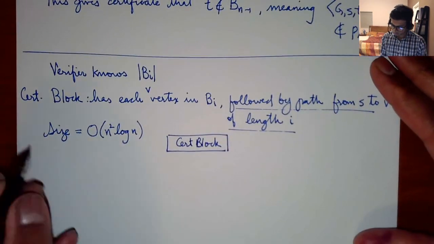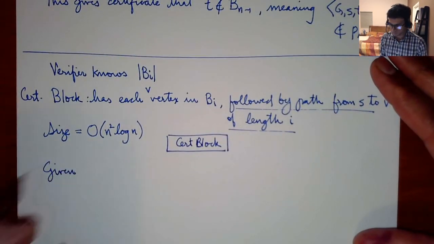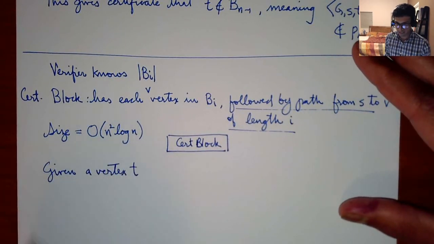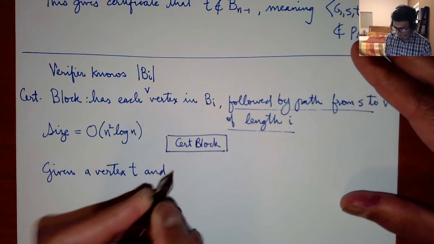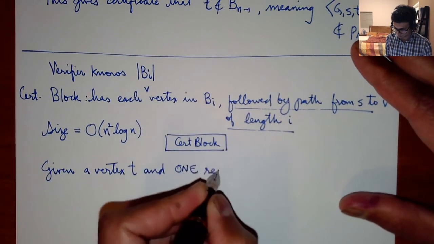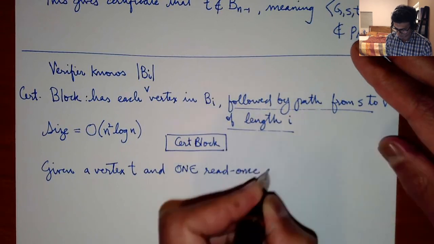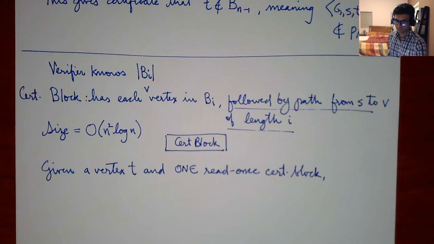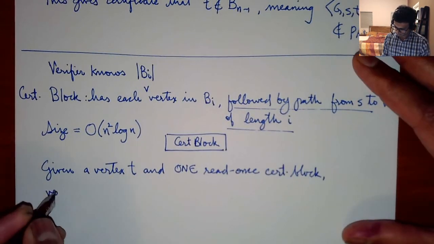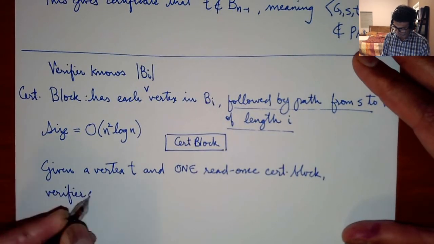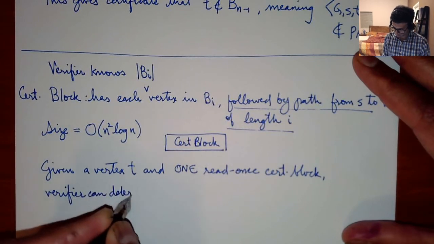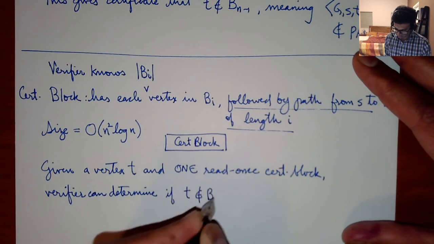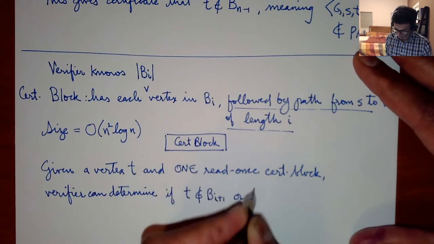Now, given a vertex T and one read once certificate block, the verifier can determine if T is not in BI plus 1 or T is in BI plus 1.